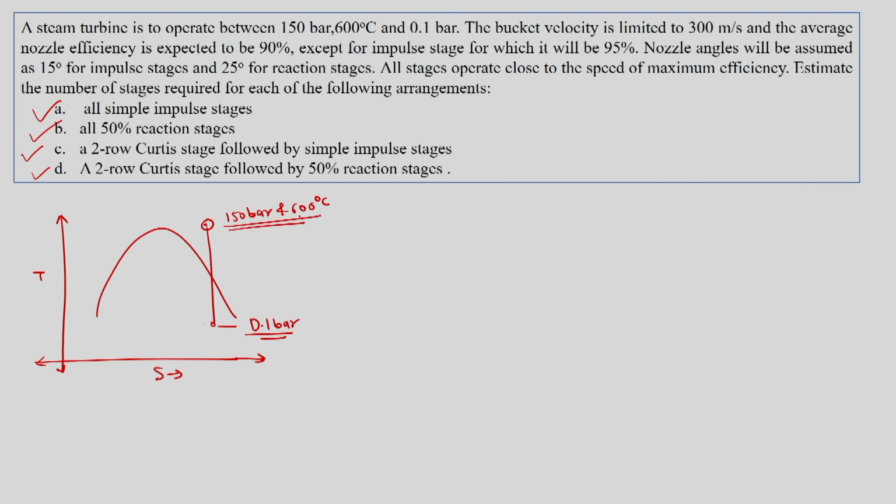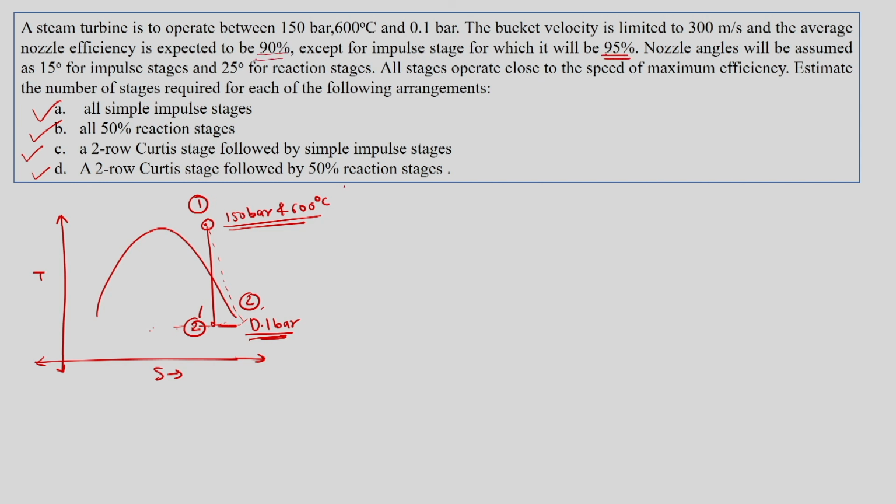So we can make use of these two states to find out the total enthalpy drop. Let us call them 1 and 2. But here we should remember that it will have 2 dash and 2, since the efficiencies are different and not 100%.